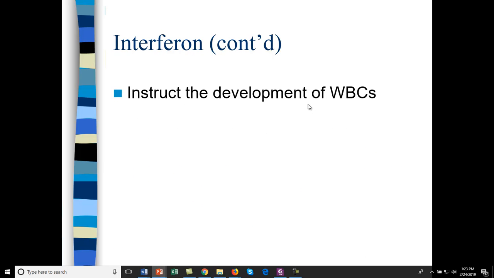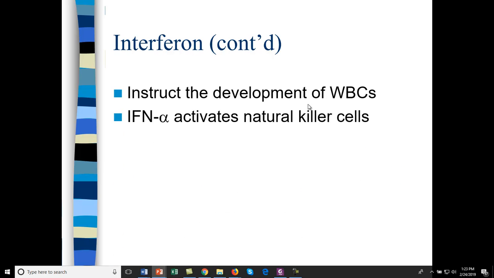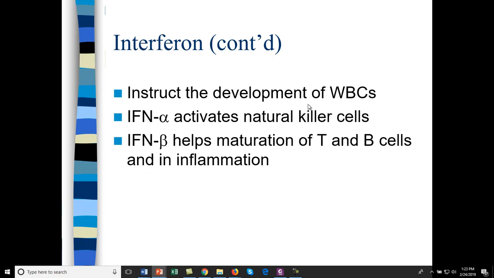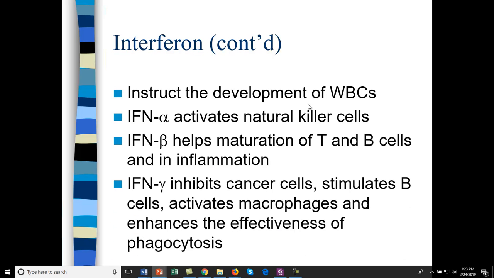Okay, interferon also instructs the development of white blood cells. Interferon alpha activates natural killer cells. Interferon beta helps maturation of T and B cells and inflammation. And then interferon gamma is very useful. It will inhibit certain types of cancer. And in cancer formation, this is actually going on in your body when you have precancerous cells.